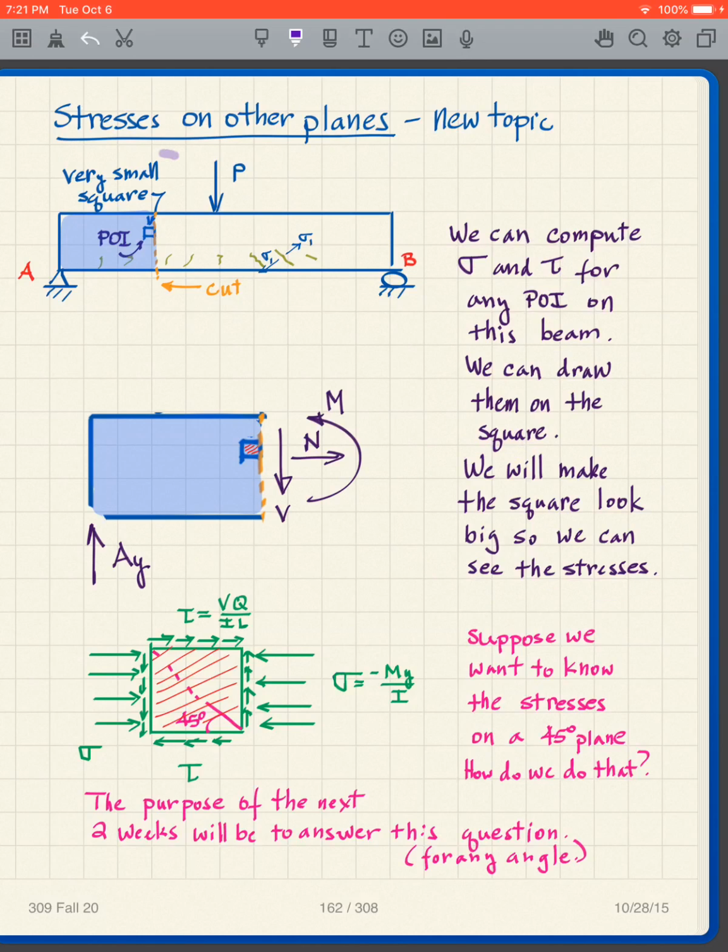So suppose I have this beam here, and suppose I load it with a point load at the middle, that sort of thing. And just to let you know, envision this being a concrete beam, for instance, where you know from your materials class that concrete is very weak in tension. And so what does that mean?